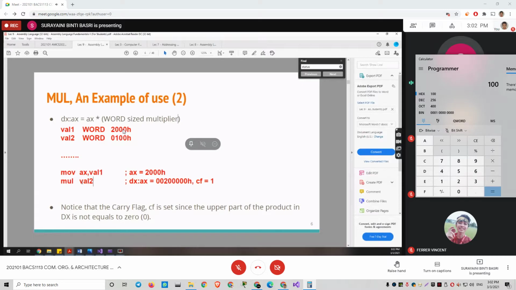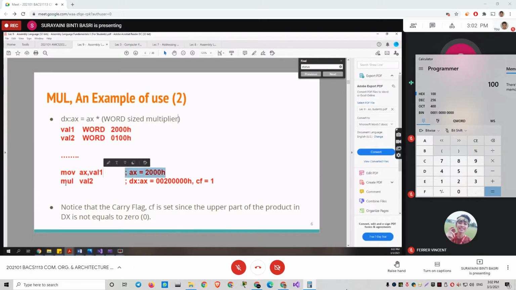But the rule is you need to put the multiplication instruction immediately after you move the value to the AX. So you cannot have another instruction between these two lines.